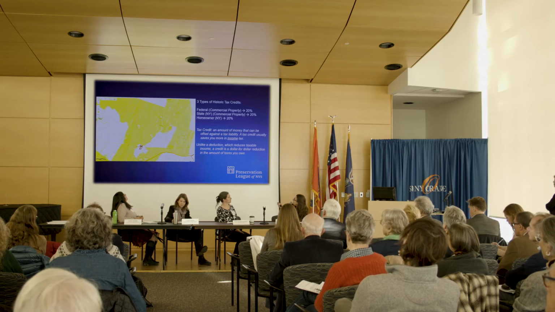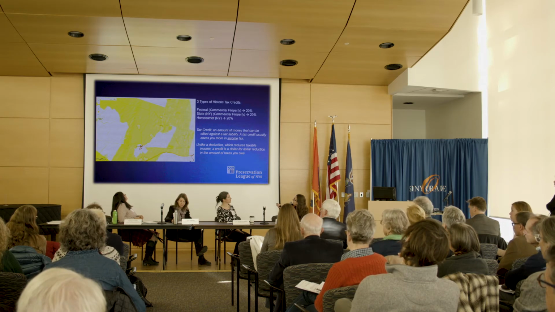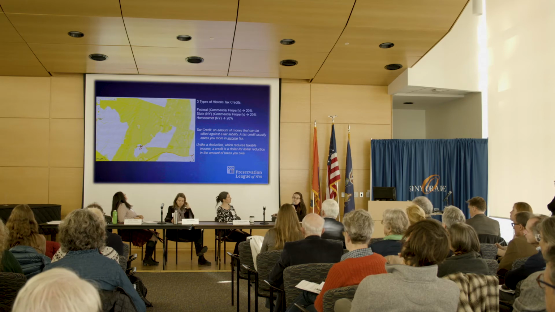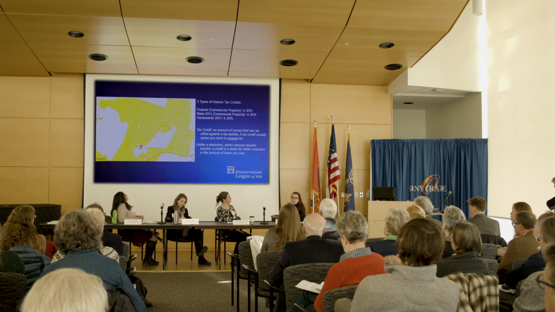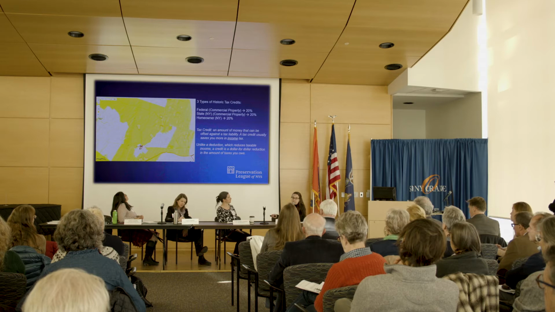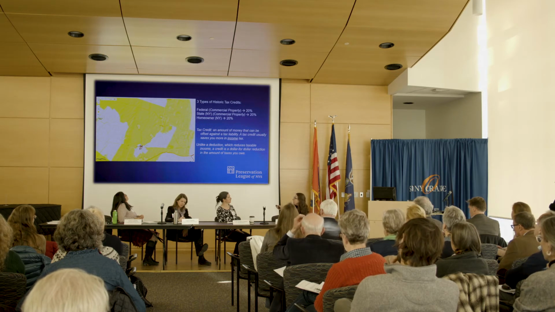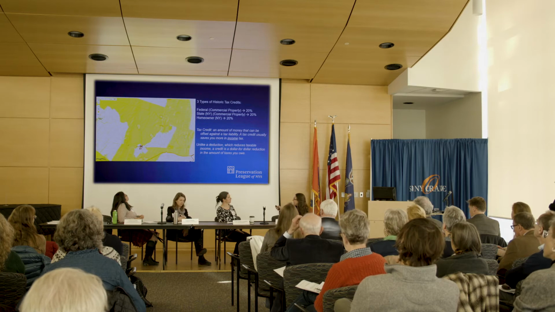What is in orange is qualifying for our state historic tax credits, which again is a financial incentive available to property owners who have a historic building, who want to and need to do repair and rehabilitation on that building. There are incentives available. We're very lucky to have a state historic tax credit program.